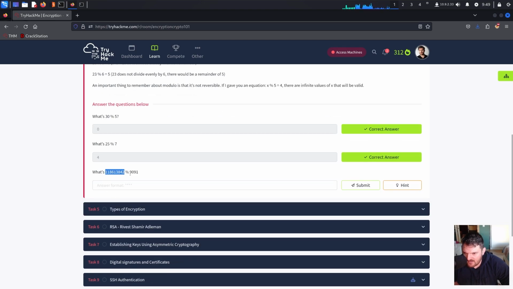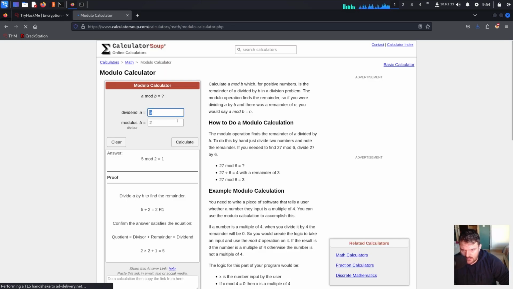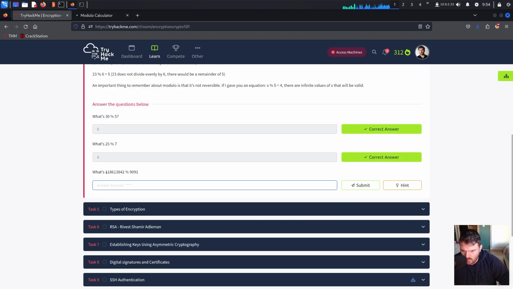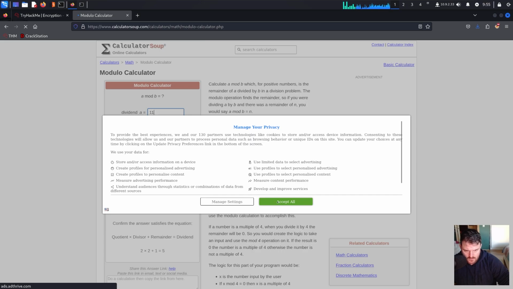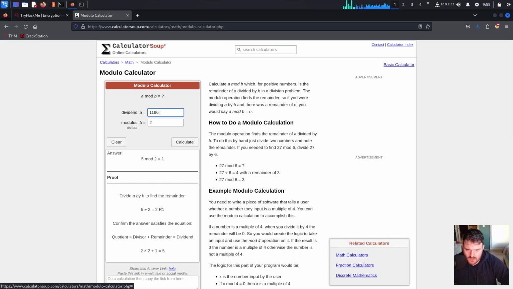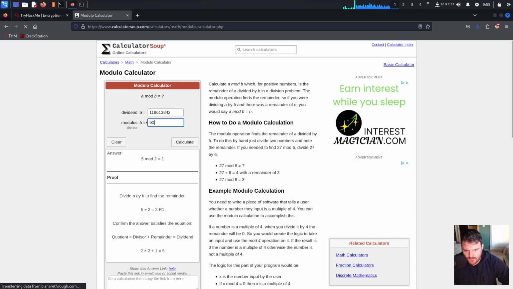What's this number modulo this number? Okay, for this we will use a modulo calculator. And here the dividend is 118613842, and the divisor is 1991.